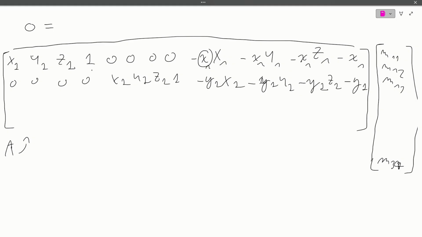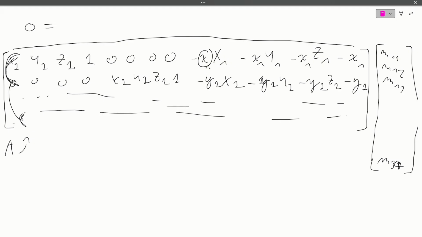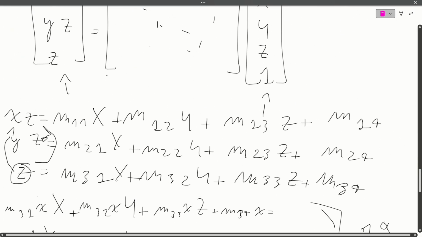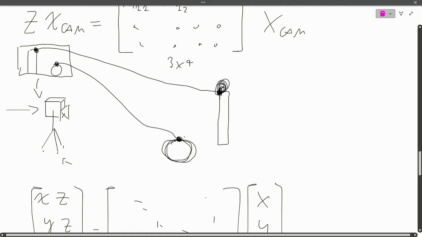Then we have to put other points here, a lot of other point correspondences from 1 to n. Basically we will have the same 2 rows here, but with Xn, Yn, and so on. For example, Xn, Yn can be the coordinates of this point in the real world.